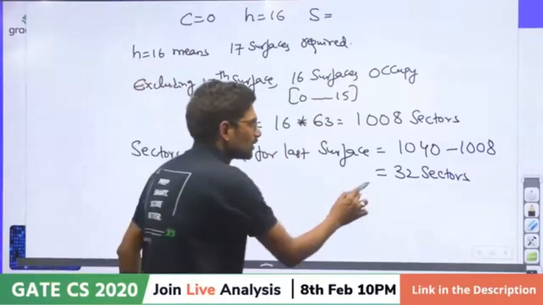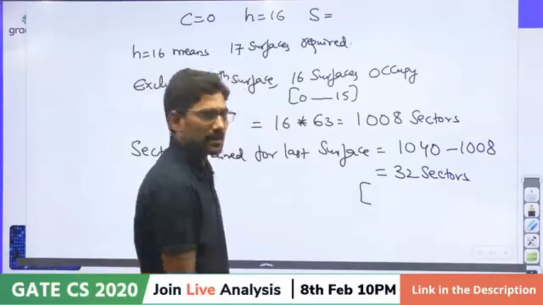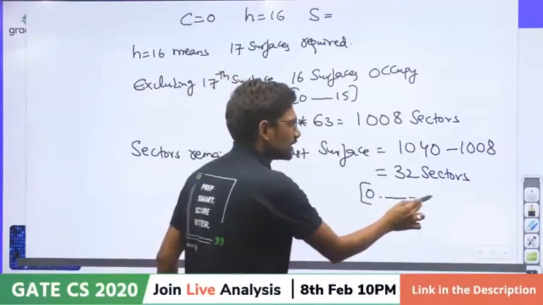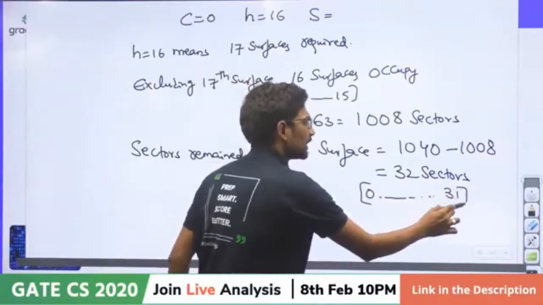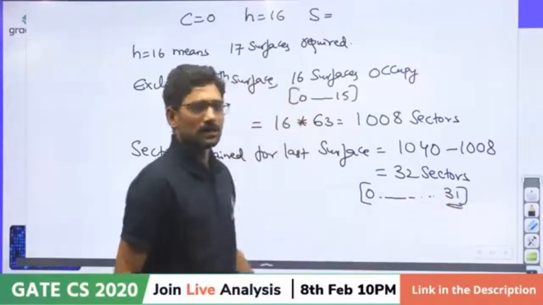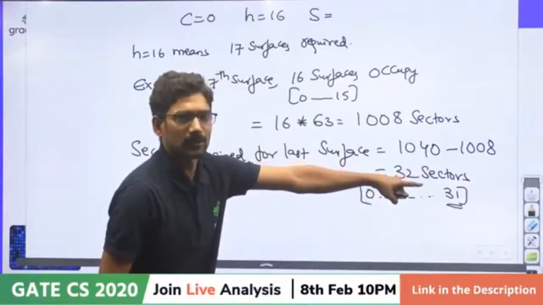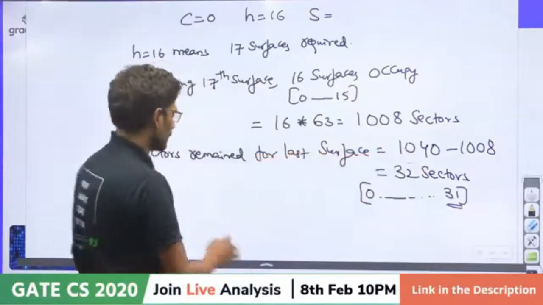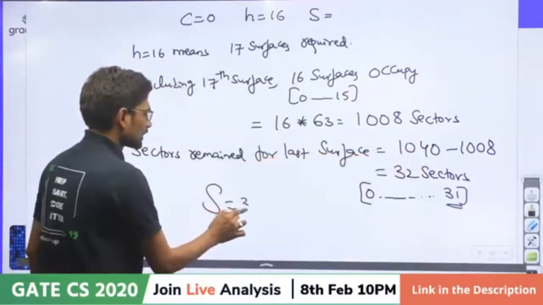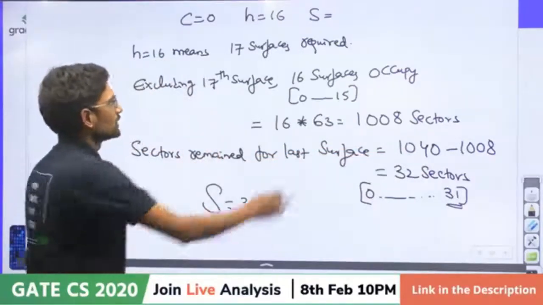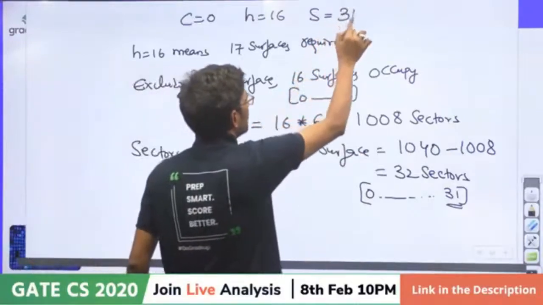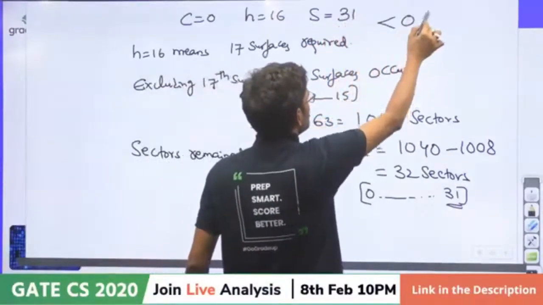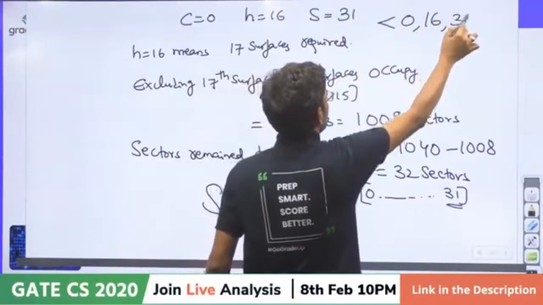Now give numbering for these 32. It starts with 0 and ends with 31. So our sector is what? The 1040th one, that means the last one. So what is S? 31. So what are the C, H, S values? 0, 16, 31.